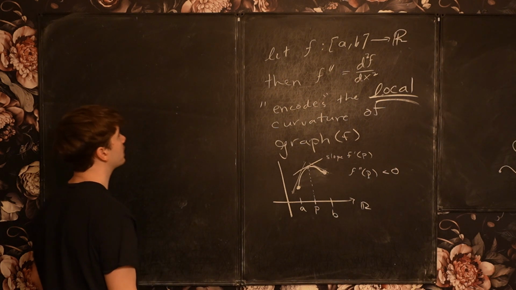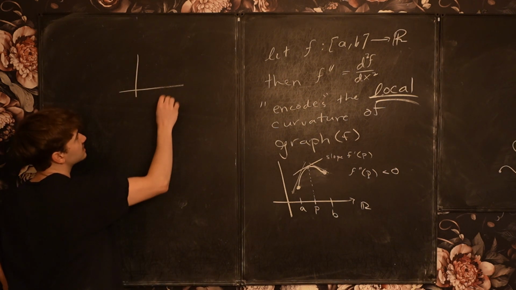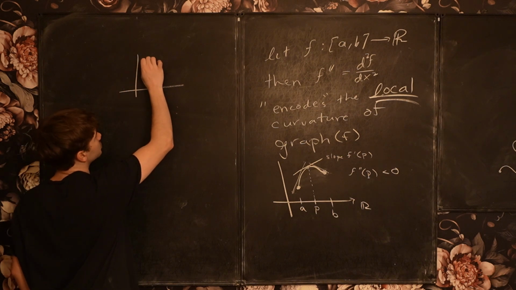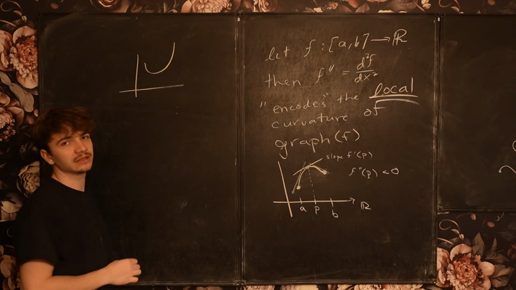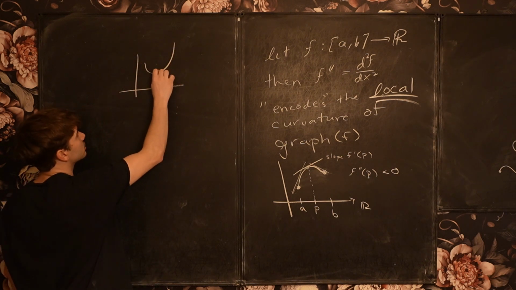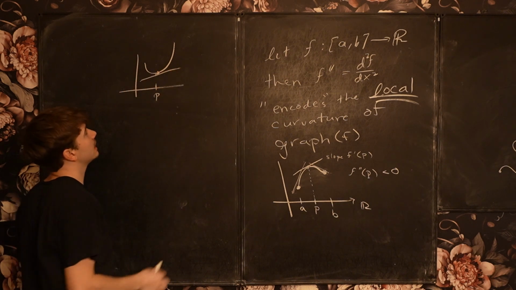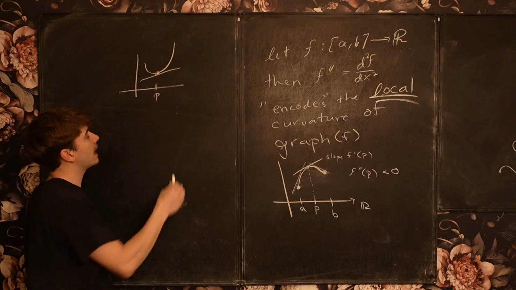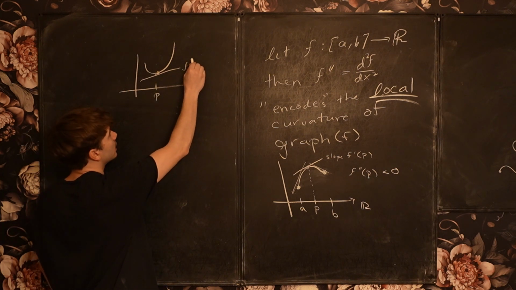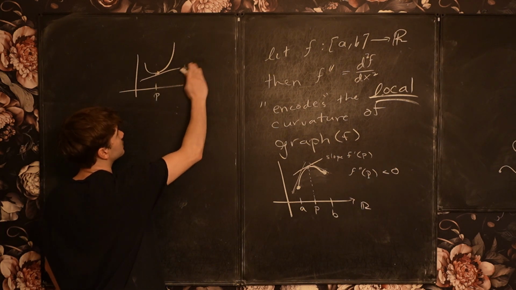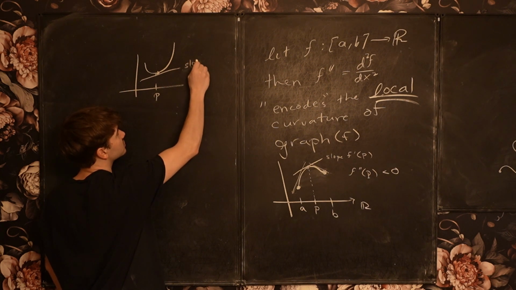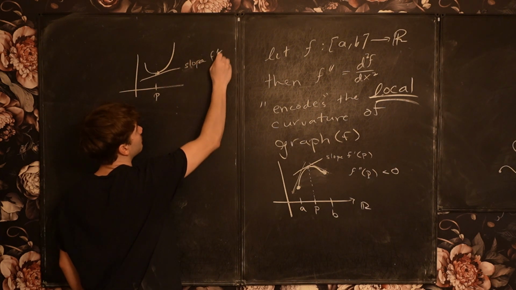And then if I were to look instead at positive curvature, it might look something like this locally. Similarly, if I look at the point p, I have a tangent line to the curve, which is a line with slope f prime at p.